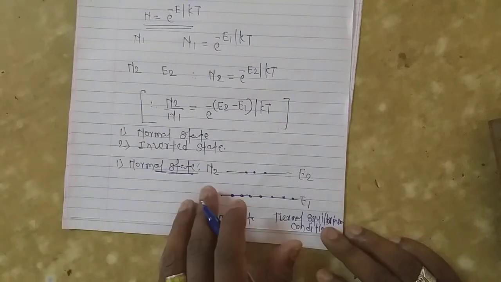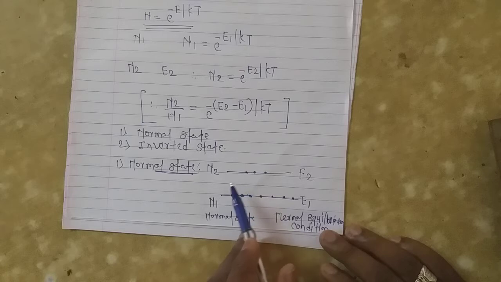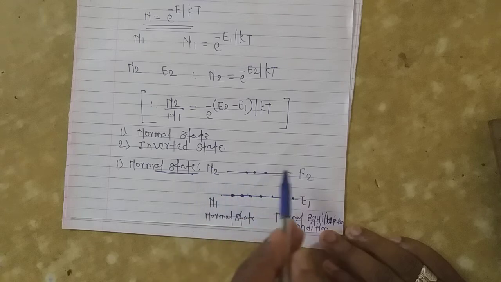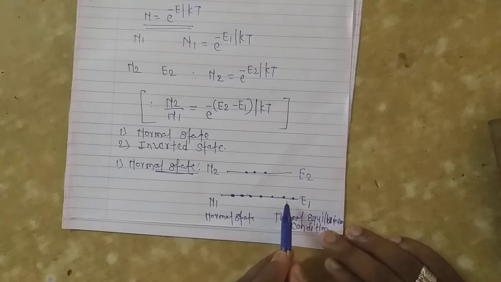In the normal state, the population N2 at the excited level E2 will be very small as compared to the population N1 at the lower level E1.